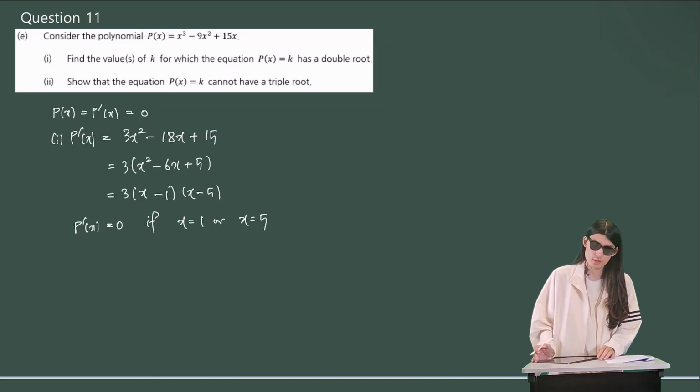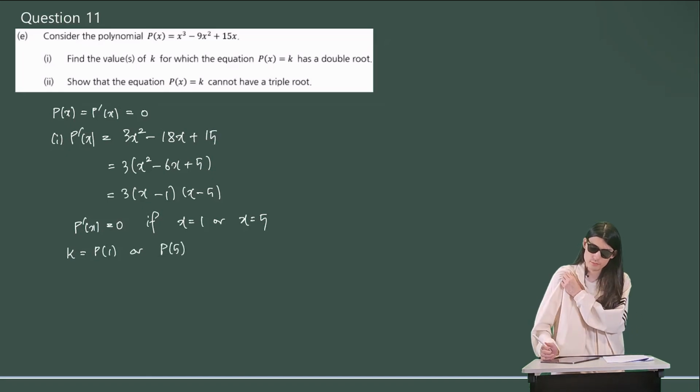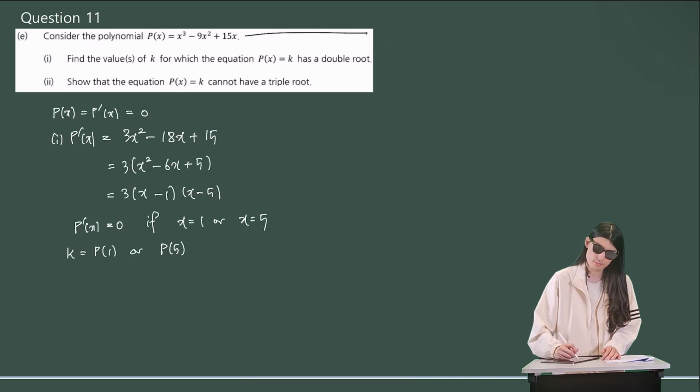So then, k chosen so that the equation p of x equals k has a double root is then p of 1 or p of 5. Graphically speaking, this is the idea. The graph of the cubic polynomial p of x with the positive leading coefficient looks something like this.